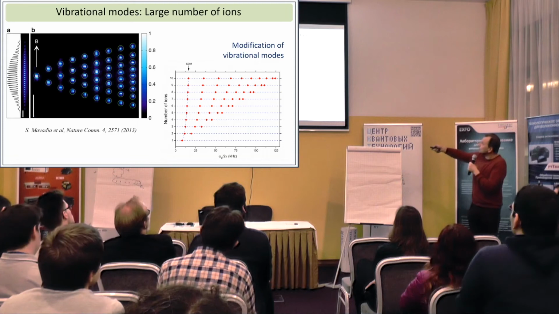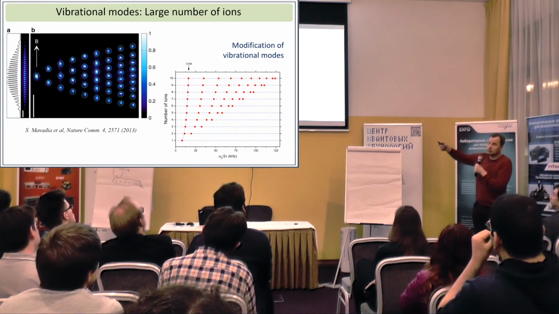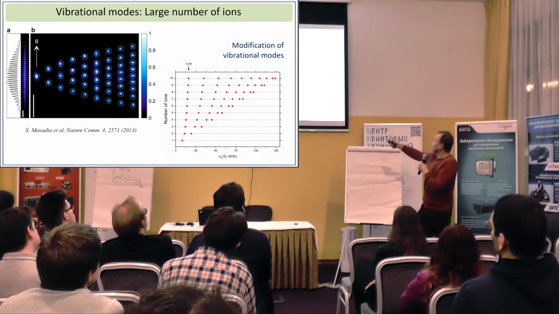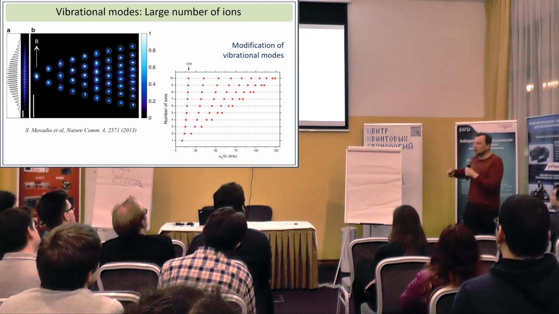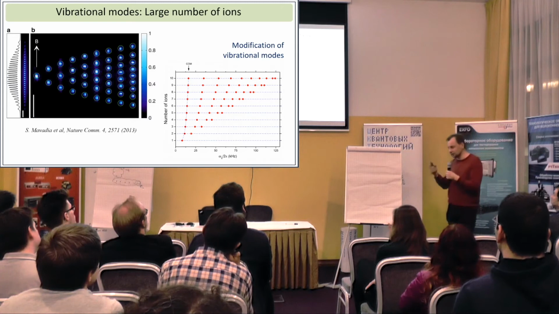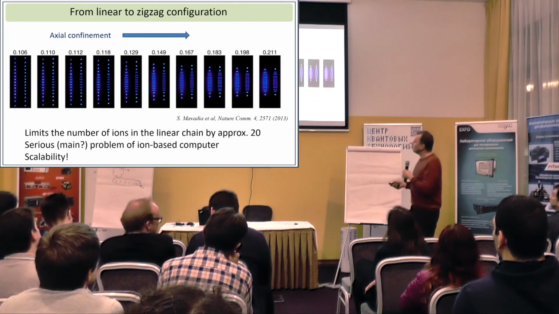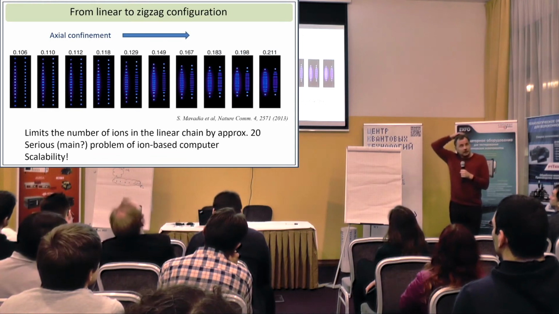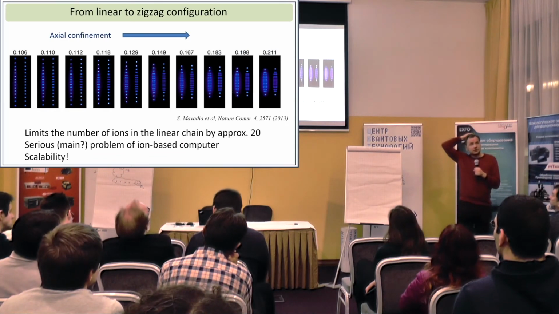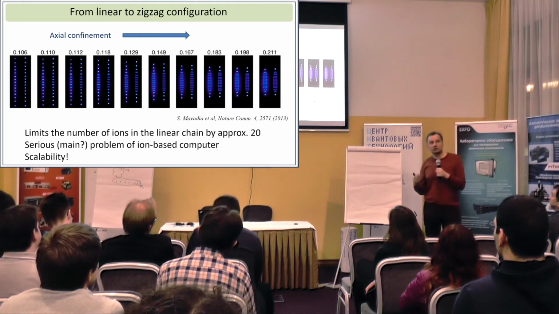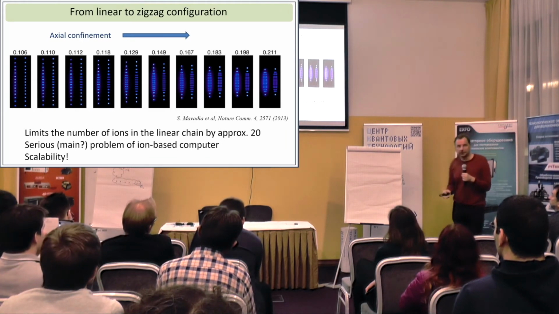Typically, the common mode, which is typically used for quantum computation, is well separated. You see that it's still quite separated, but the situation becomes more and more complicated, and it's harder and harder to address this common mode. Another issue, which today, I think, is the strongest difficulty in the whole history of quantum computing using ions, is scalability.